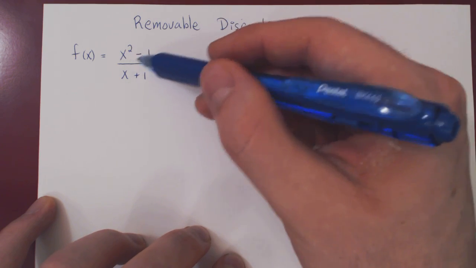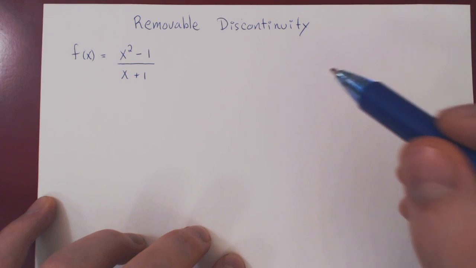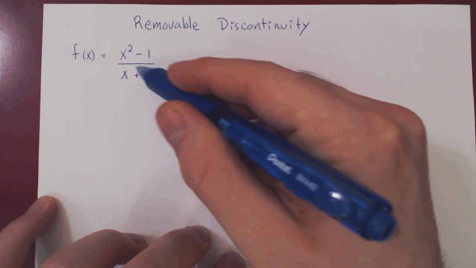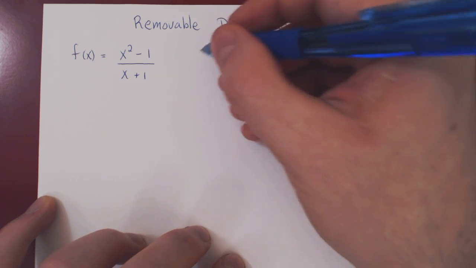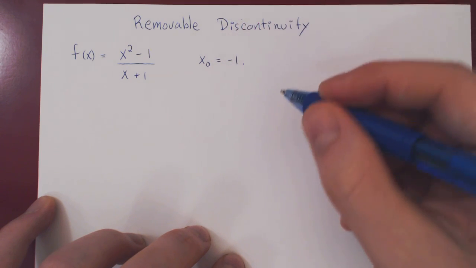Well, both polynomials are always defined, but there is a division here, and the one thing we cannot divide by is of course 0. x plus 1 is 0 at x equals negative 1, and so we must check here the point negative 1.